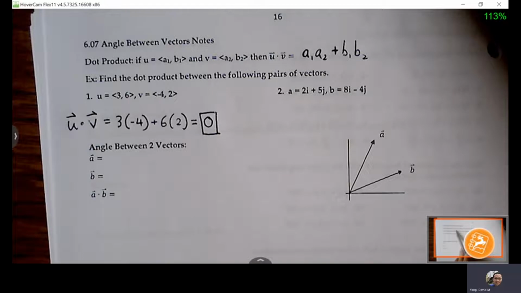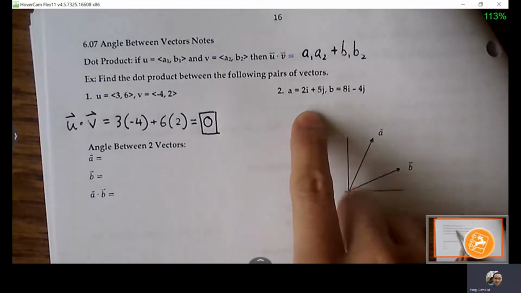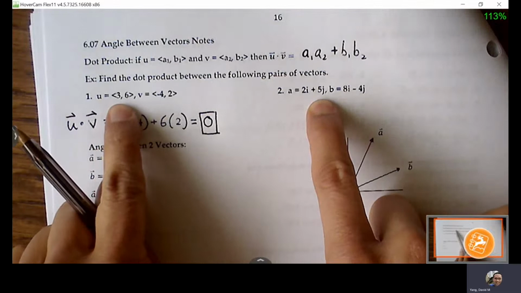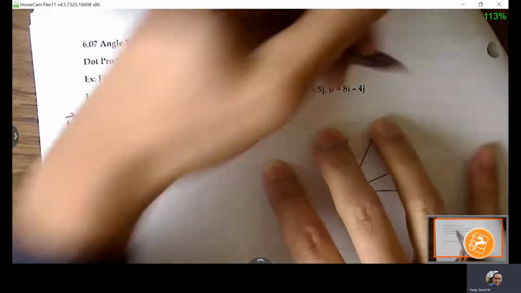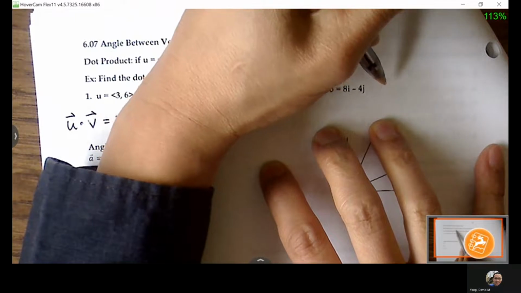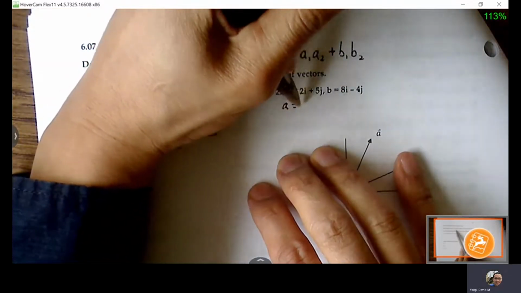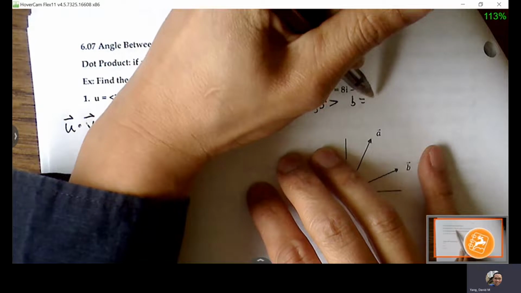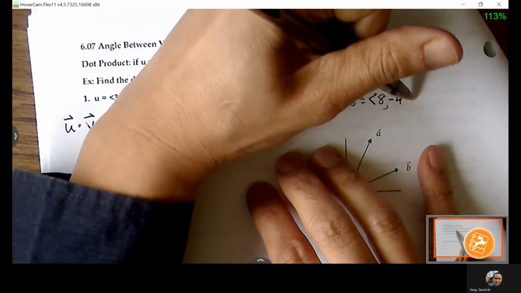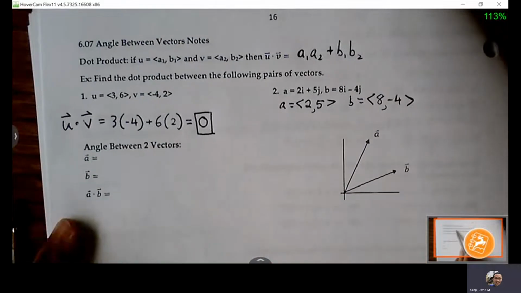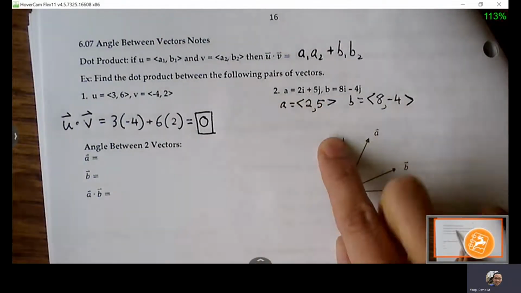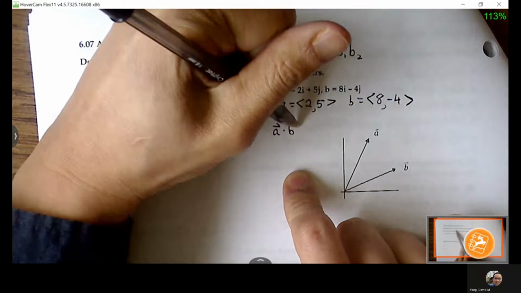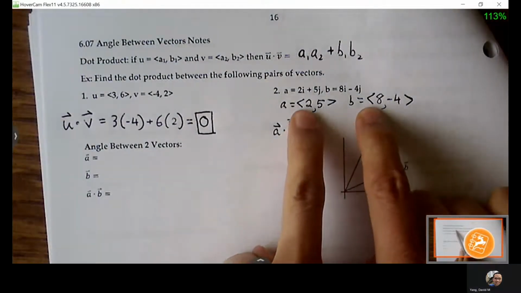Now, number 2. This is written in unit vectors, but we can write it quickly in component form and then use this rule. So we can say that vector A is just 2, 5. And then vector B is just 8, -4. So now we're going to find the dot product of vectors A and B. Okay.